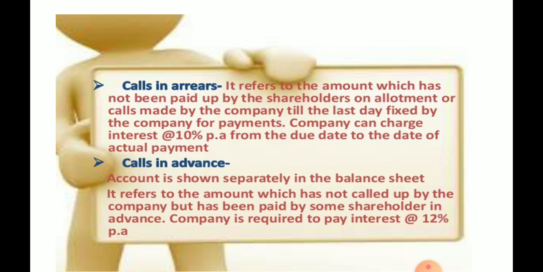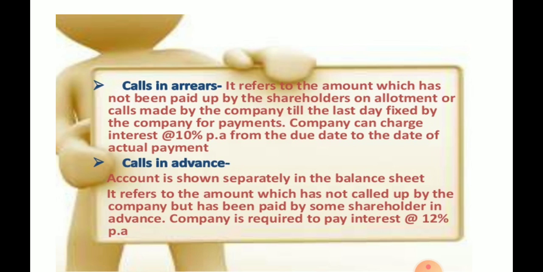So if any shareholder does not pay the money which is called by the company on time, then it is called calls in arrear. The company can charge 10% per annum on the unpaid amount, and it can be charged up to the actual payment date.